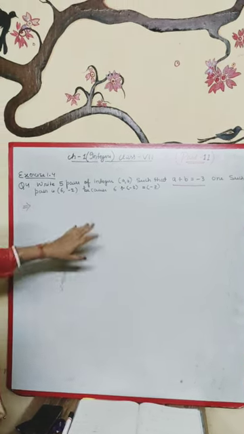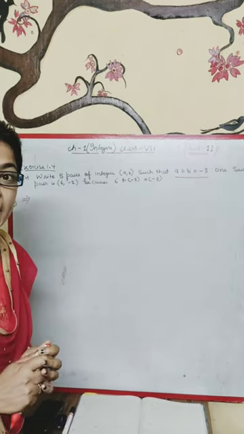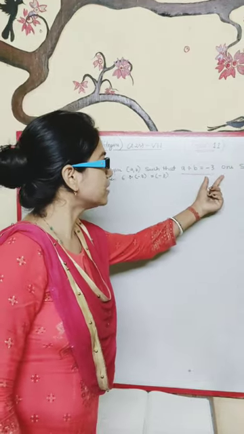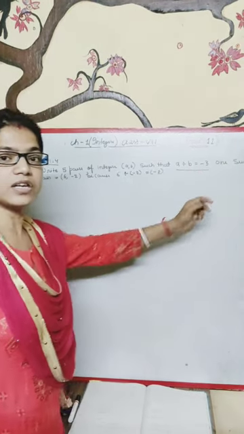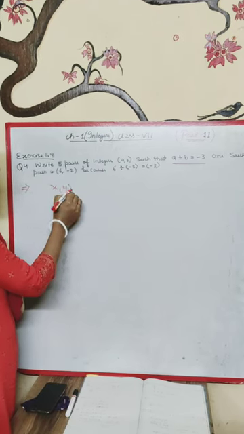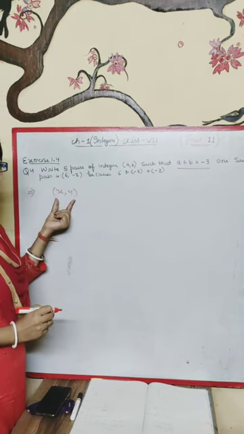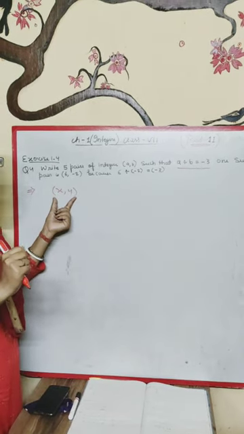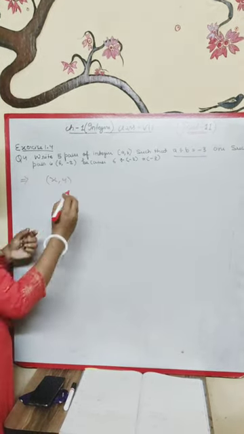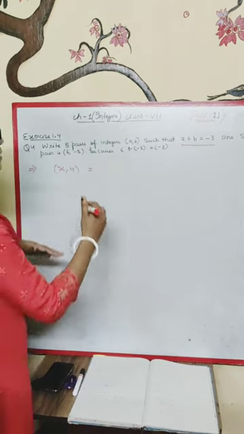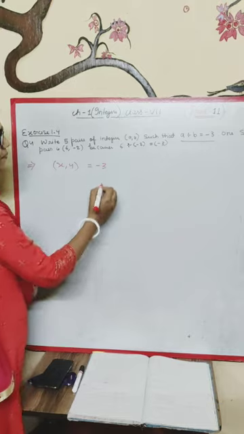So in this question what we have to do? We have to write such pairs so that the answer will be minus 3. So what we have to find? We have to write the pairs, means x or y. This is a pair of 2 numbers. We have to write the 2 numbers in this way so that when we divide these numbers, the answer will be minus 3.